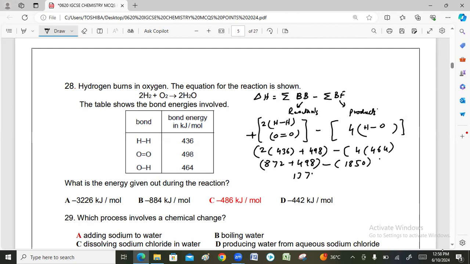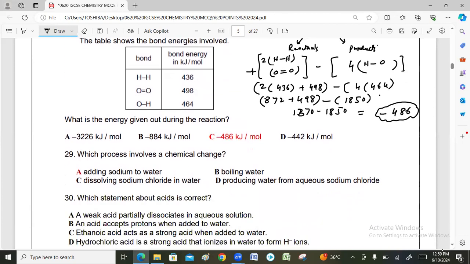So 1370 minus 1850 is minus 480. So minus 486 is the answer. So this much amount of energy is given out during this reaction.